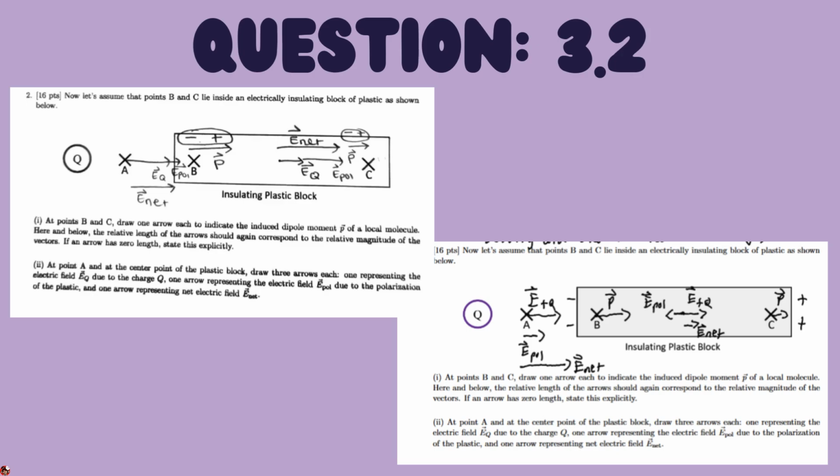I did correctly indicate the net electric field and the electric field due to the charge, but I did not correctly indicate the E pole. That should have been pointing in the opposite direction, but it should have been smaller than the electric field due to the charge. And so the net electric field would still be pointing to the right, which I did, which was correct. So that's why I missed that one arrow was wrong.